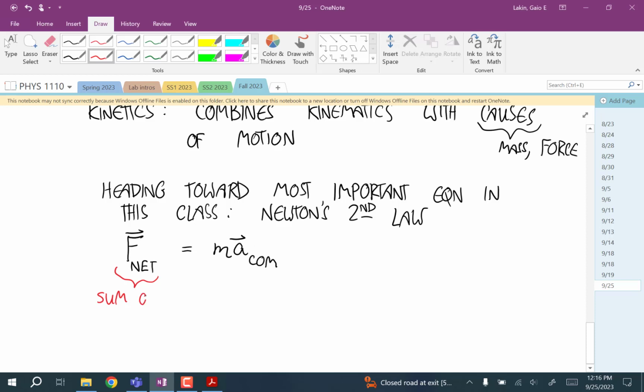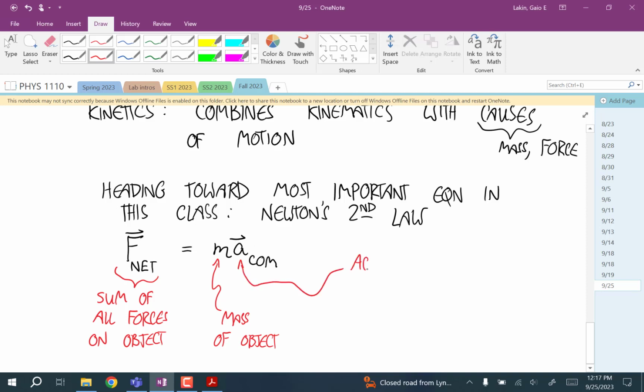So this is the sum of all forces on the object, m is the mass of the object, and this is the acceleration of the object's center of mass.